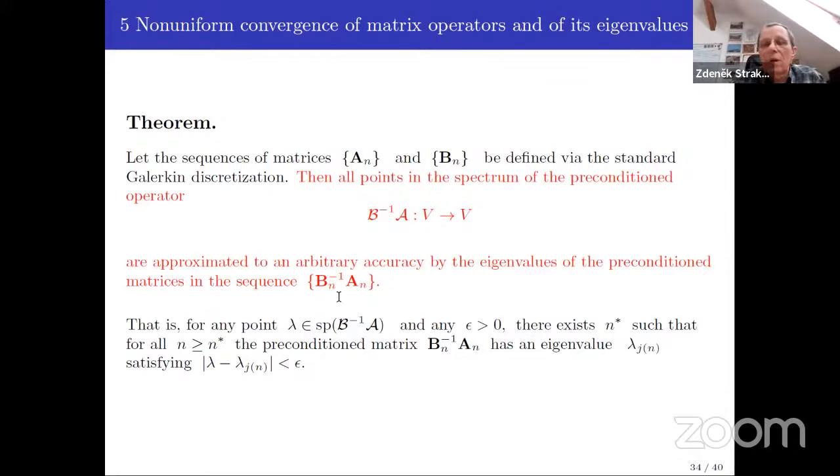In operator theory, that is called lower semi-continuity of the spectrum. So for any point lambda in the spectrum and any epsilon, there exists n star such that, starting from this n star, the matrix must have an eigenvalue in the epsilon neighborhood of lambda.